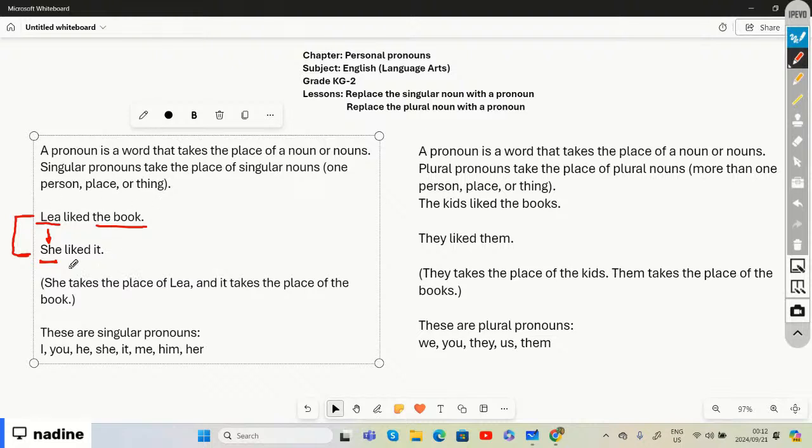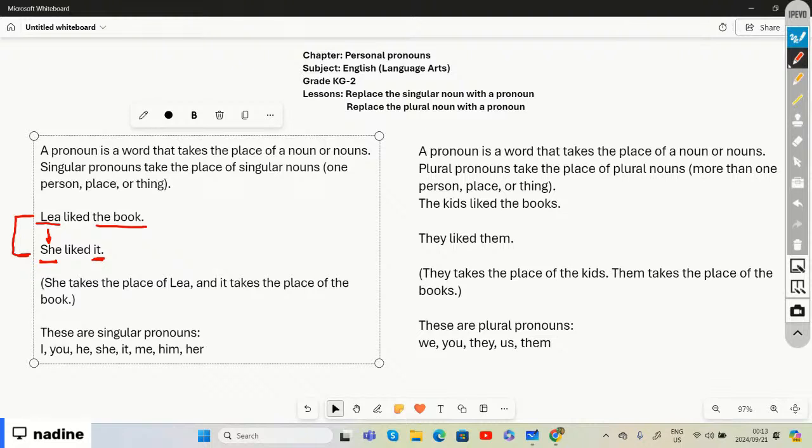And the book we can change into a pronoun, which can be it. So instead of saying Leah liked the book, which are nouns, we can replace them with pronouns and say she liked it. She refers to Leah, it refers to the book.